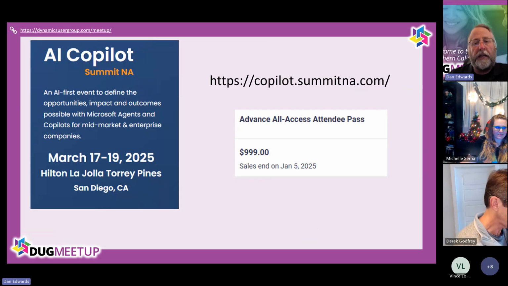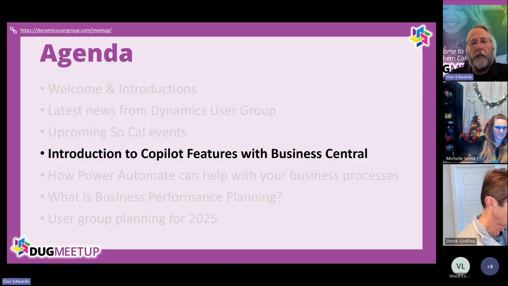And then there is an AI event going on in San Diego in March. So there is a lot going on in Dynamics locally, but I cannot recommend highly enough taking the time to go to Chicago for DynamicsCon. I've attended, I think I missed the second year. This is, I believe, year 5.